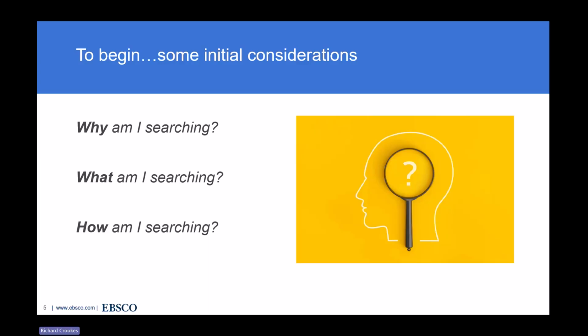Now, obviously, we are focused particularly on biomedical literature within MEDLINE, but it could also be in another database. It could be related to a particular population group, a particular territory, and so on, or a particular time frame. And then also, how am I searching? Which resources, which limitations should we be factoring into this search? So just some initial considerations when we're looking at a more systematic approach to searching.